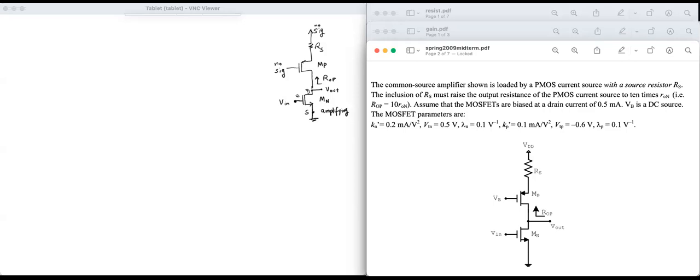But what's between the drain and the supply and signal ground is interesting. I have another MOSFET and a resistor, and this other MOSFET and the resistor RS, they're acting as if maybe this is some kind of current mirror, some kind of current source. And the resistance seen, looking into them, is called ROP. And I want to find RS to get a certain ROP.